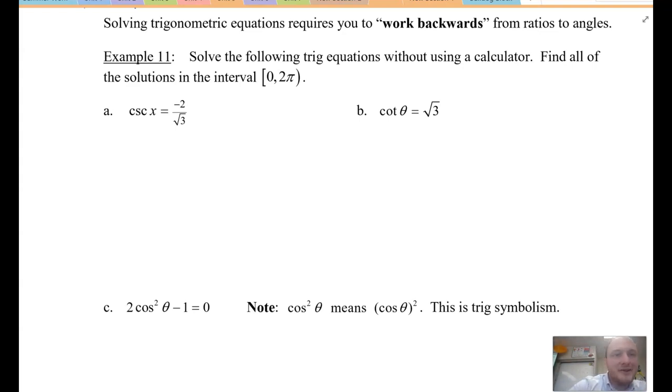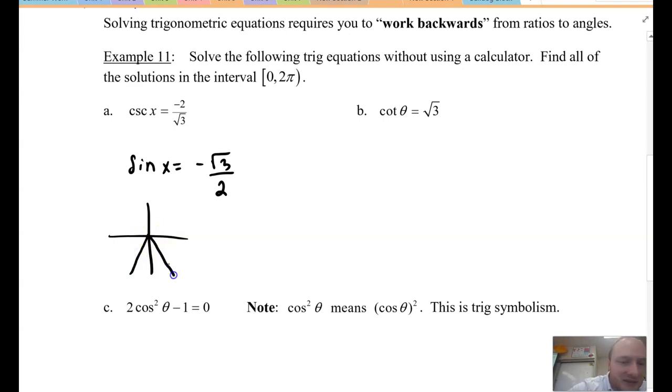What they're also asking us here is, where is sine of x equal to -√3 over 2? Remember that these are y values. If I draw my unit circle, sine is negative in quadrants 3 and 4. And we want to have a -√3 over 2.